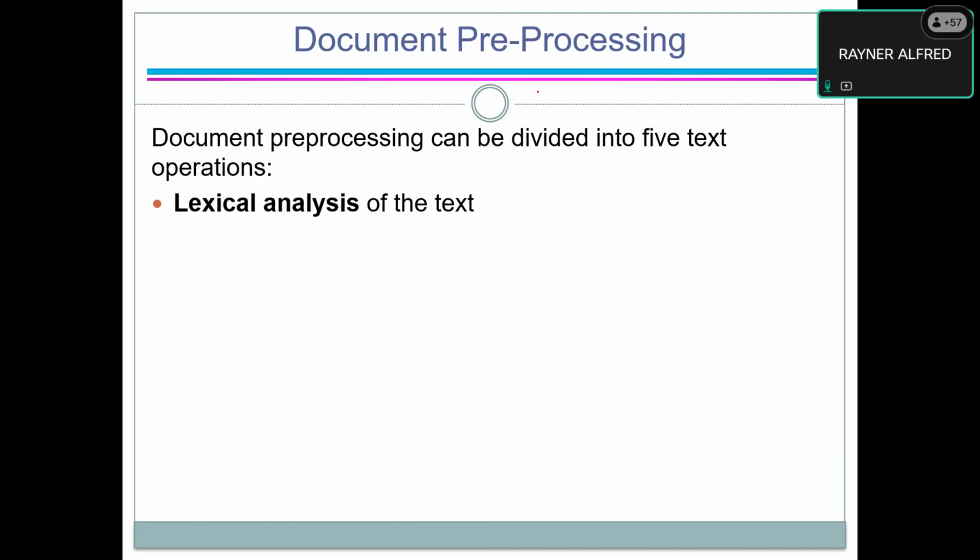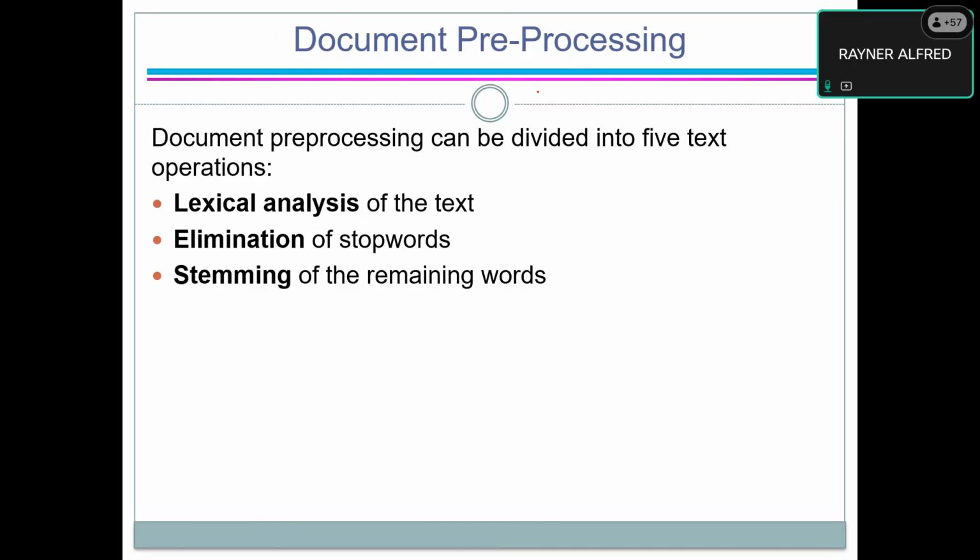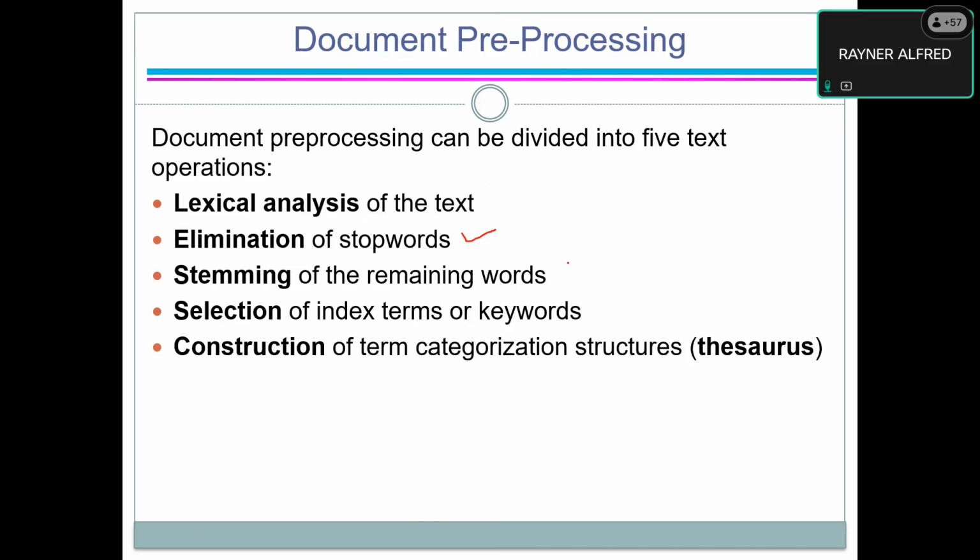The document pre-processing can be divided into 5 text operations: lexical analysis of the text, elimination of stop words because we don't want to include them in our vocabulary, stemming, selection of index terms, and then construction of the vocabulary.